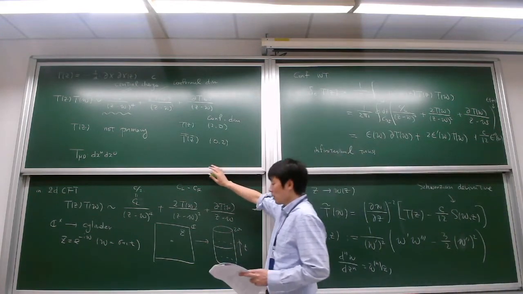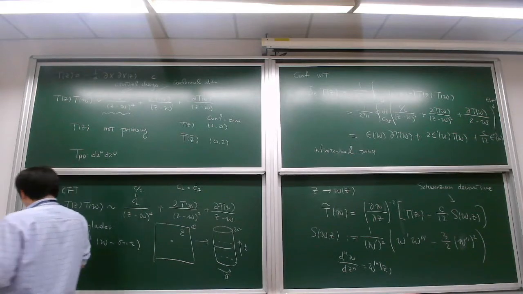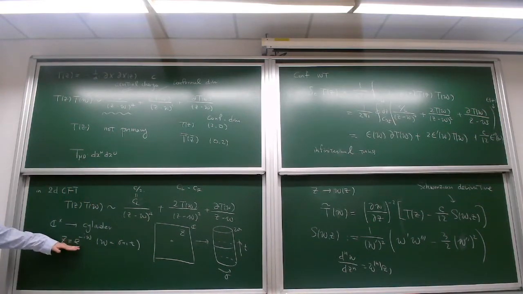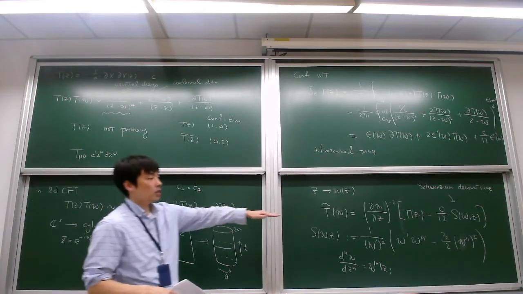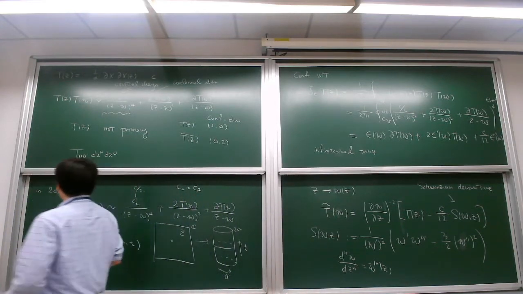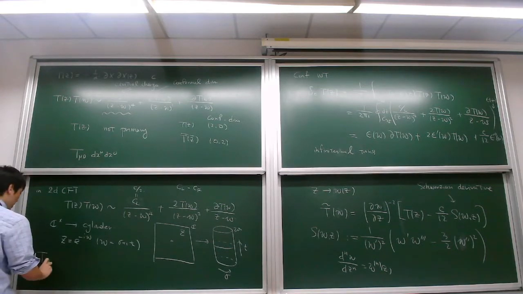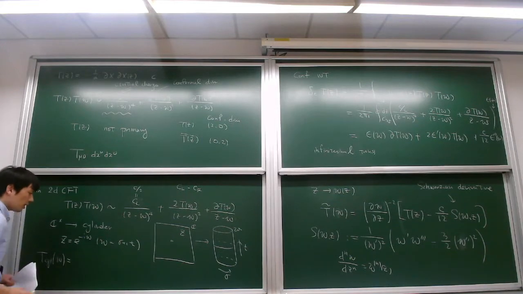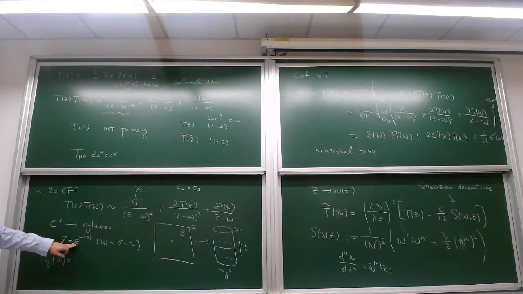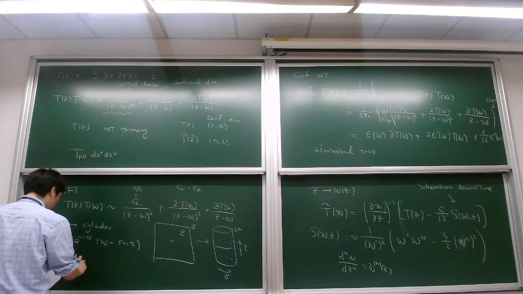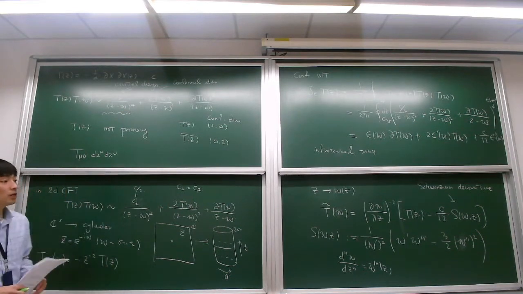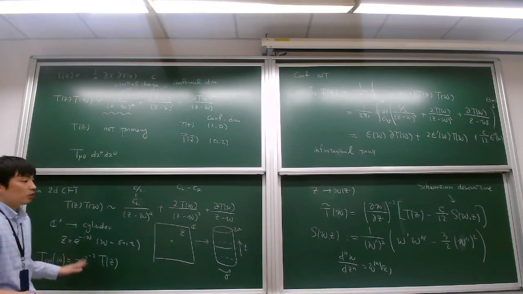Any questions so far? So we can just plug this compound transformation into here, and what we obtain is T cylinder of w. You can easily see that the derivative with respect to z of this quantity just gives you the minus 2 T of z. However, we have to plug this one into the Schwarzian derivative.